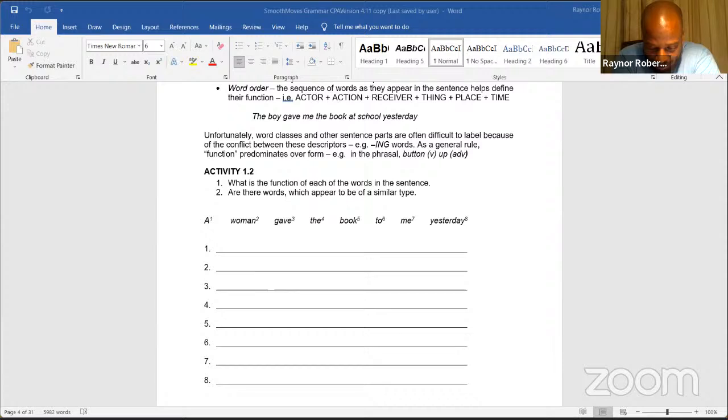It happened when? Yesterday, which is the day before, the past. That's synergistic to the verb. It complements the verb, which we said happened in the past.